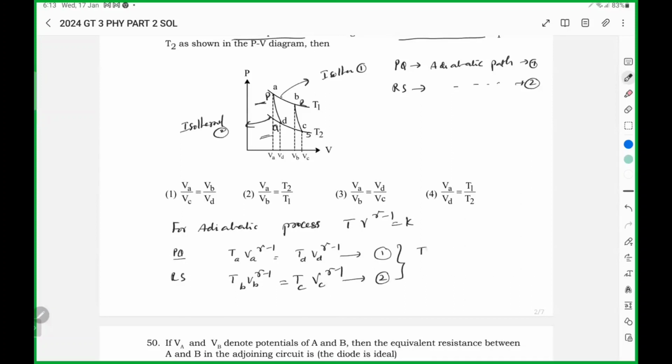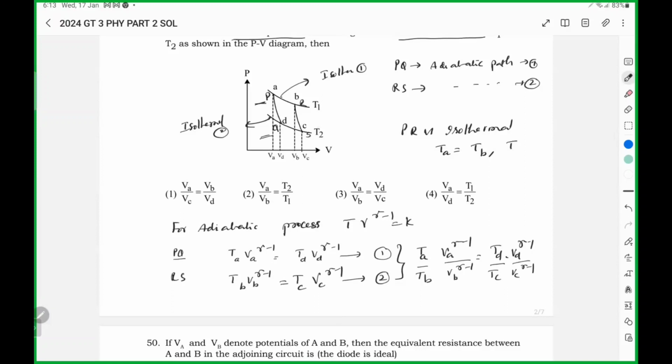So here once you divide, TA by TB is VA power gamma minus 1 by ..., TD by TC. Now PR is isothermal, meaning temperature is constant, and at P and at R the temperatures will be the same.